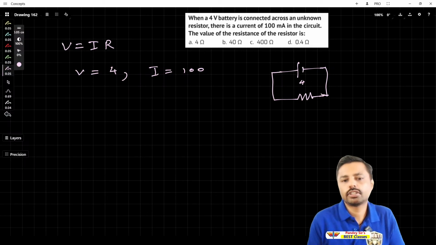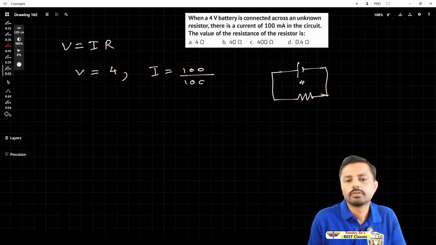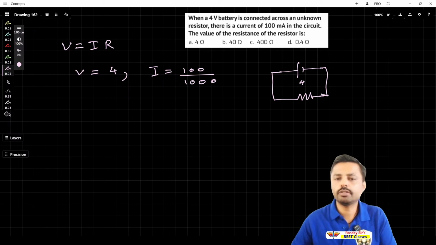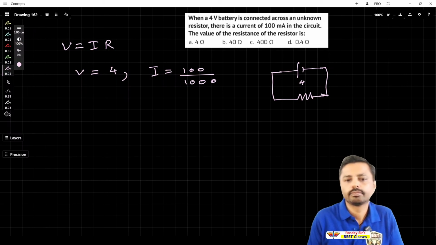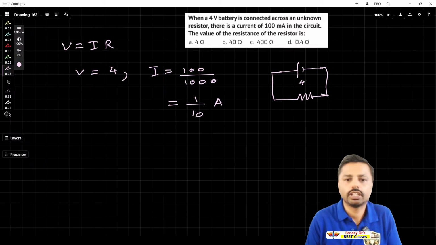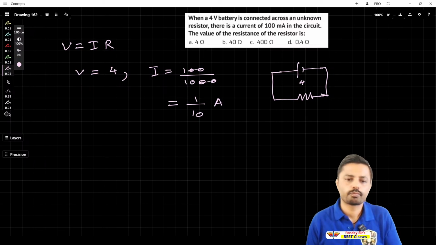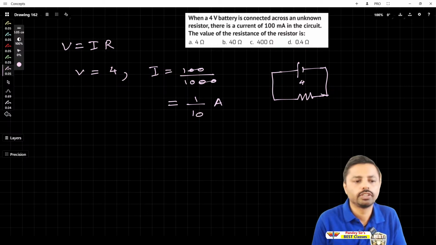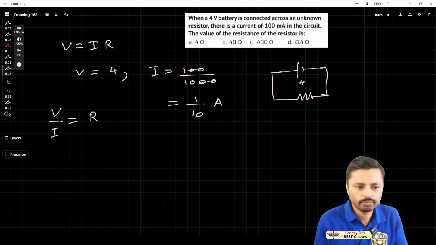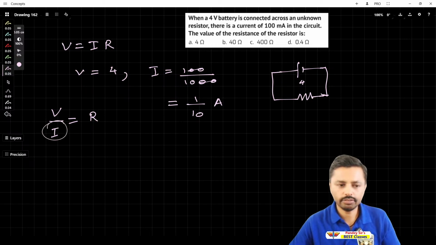By dividing by 1000, because 1000 milliampere is 1 ampere. We get it as 1 by 10 ampere. Yeah, the zeros cancel. Okay, now let's put the values. So V by I equal to R, and I will go over there.